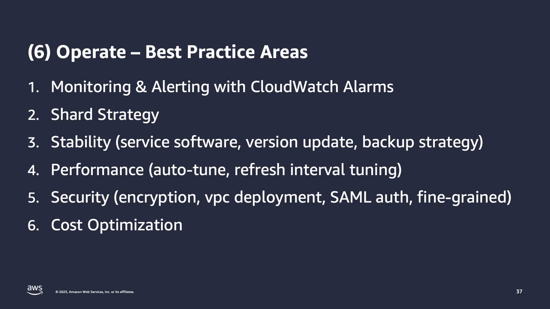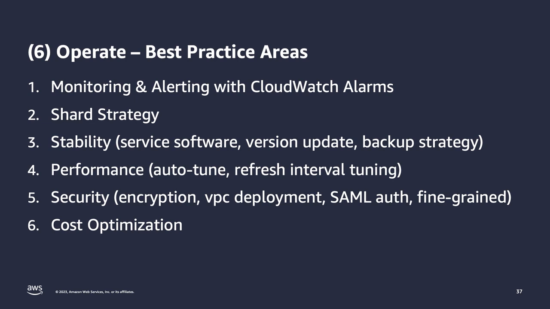The fourth best practice area will be performance, where you can enable Auto-Tune, which will give you recommendations and some minor changes against your cluster. The second aspect of performance is refresh interval. Refresh interval decides the elapsed time from the moment your document is ingested into Amazon OpenSearch until the moment that document is searchable.